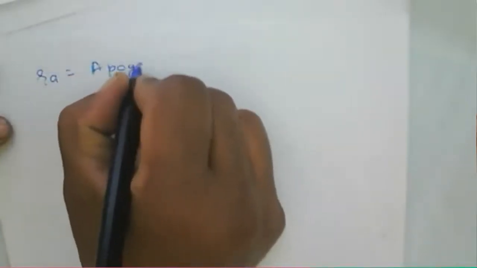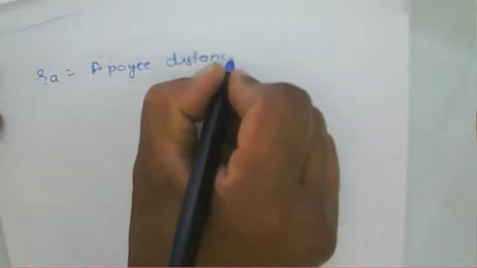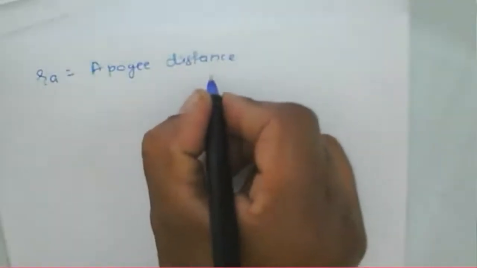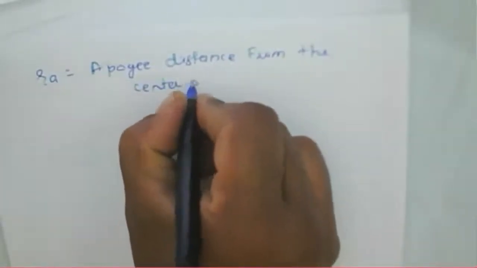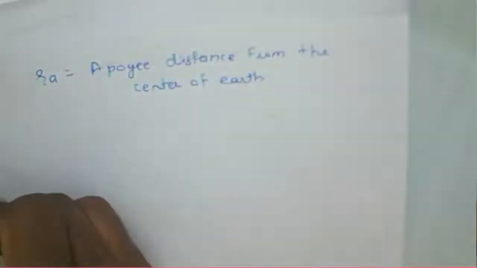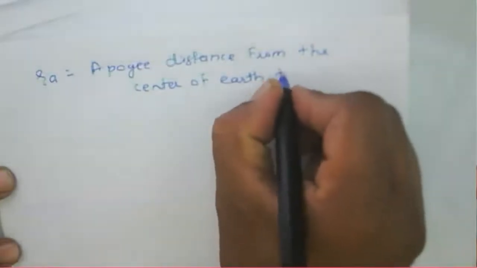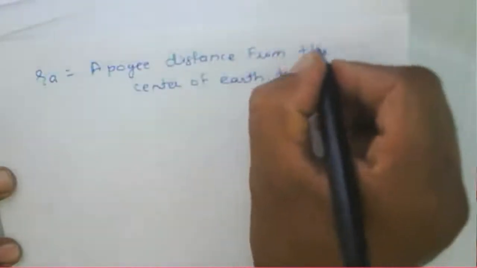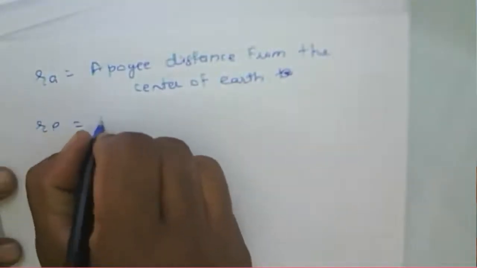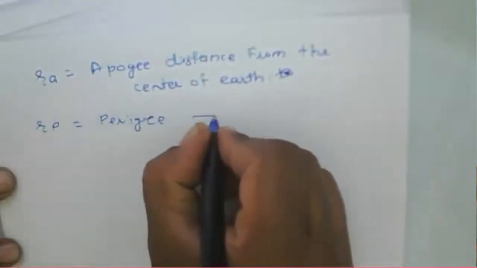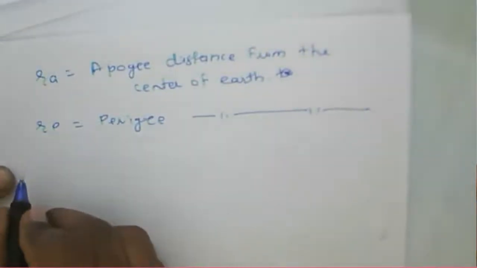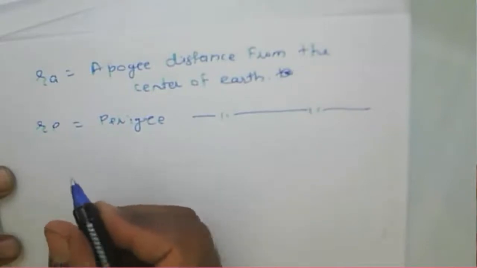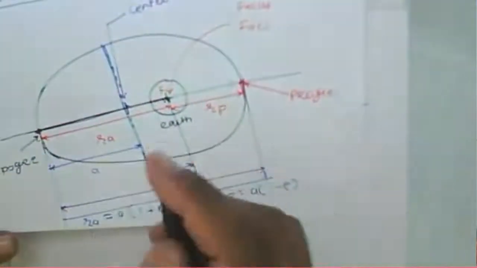RA is the apogee distance from the center of the Earth, and RP is the perigee distance from the center of the Earth.